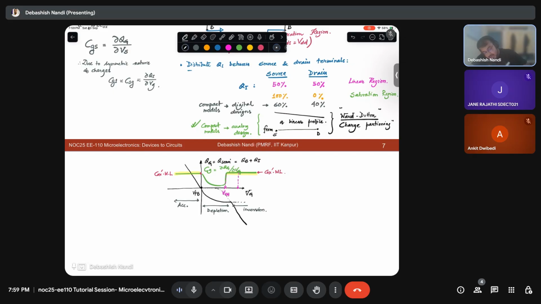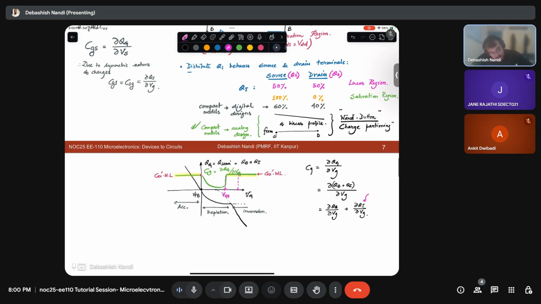Now I need to find out Cg is equal to dQg by dVg. Fine. dQB plus QI divided by dVg, dQB by dVg plus dQi by dVg. Fine. Now this dQi I am distributing between source and drain.